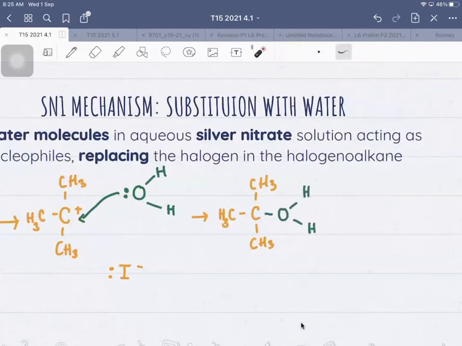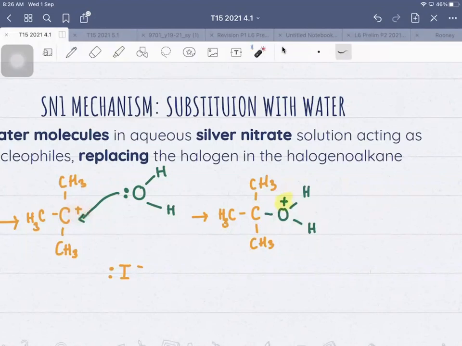Now, the moment oxygen donates its electrons to the carbon, oxygen now develops a positive charge. Okay, so this step is something that students always forget, so I suggest you highlight that. Carbon has lost its positive charge.